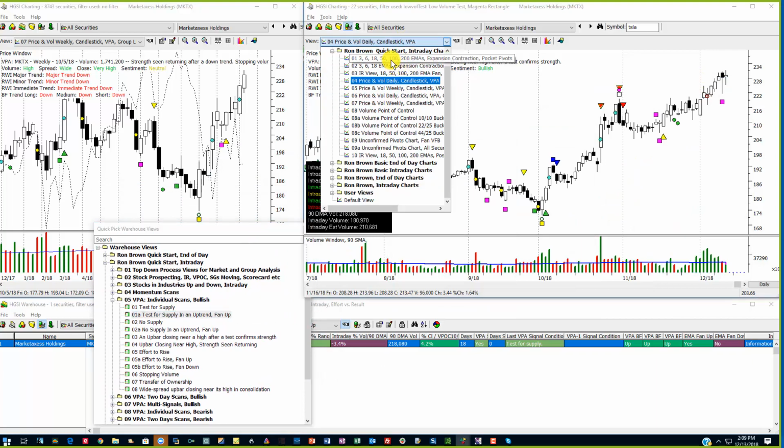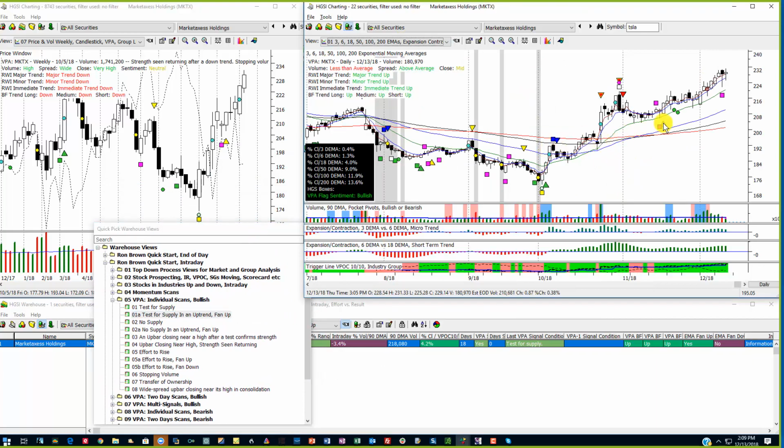So if I go up to chart number 1, bring the flags up, you can see how strong this is, because all of these moving averages are in place, or they're stacked as they should be. And you look over here, you'll see that they're all above the respective moving averages.